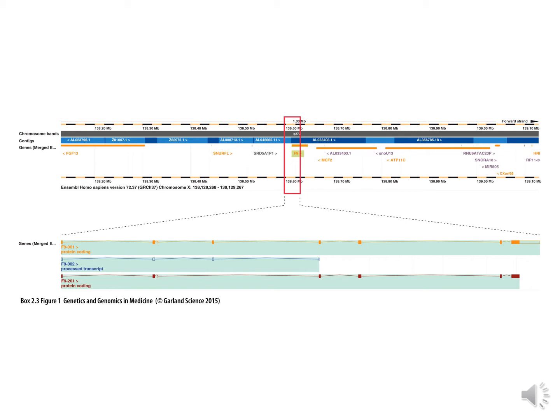The lower display shows an expanded view of this region that includes exon and intron organization and identifies two very similar protein coding transcripts, F9-001 and F9-201, and one non-coding transcript, F9-002, from the F9 gene.